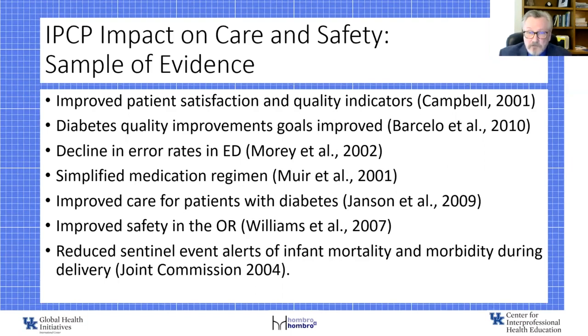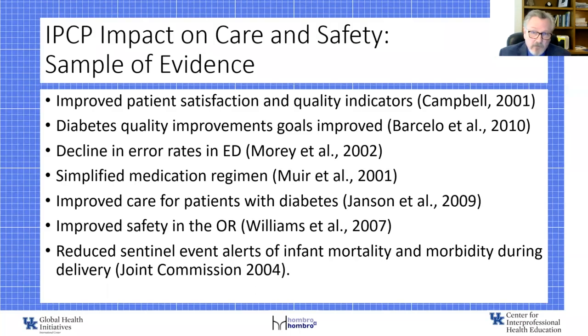This one, if you get a chance to read it, is fairly old now, 2002, but there were significant declines in error rates in an emergency department between the control group and the collaborative group, dropping the error rate from around 30% to around 5%.